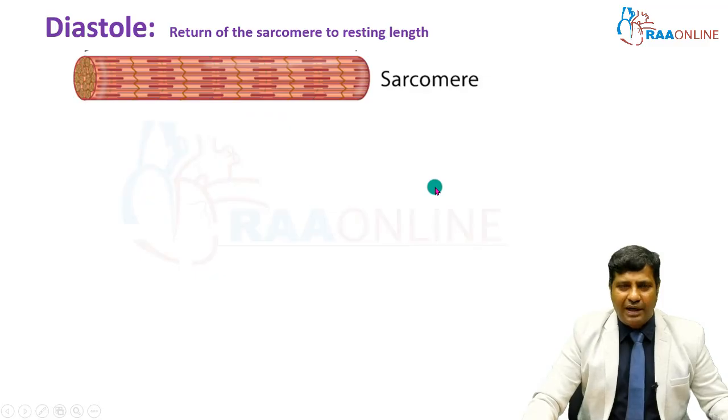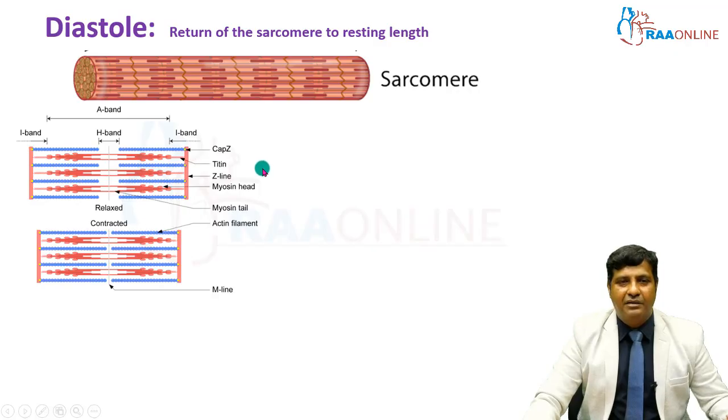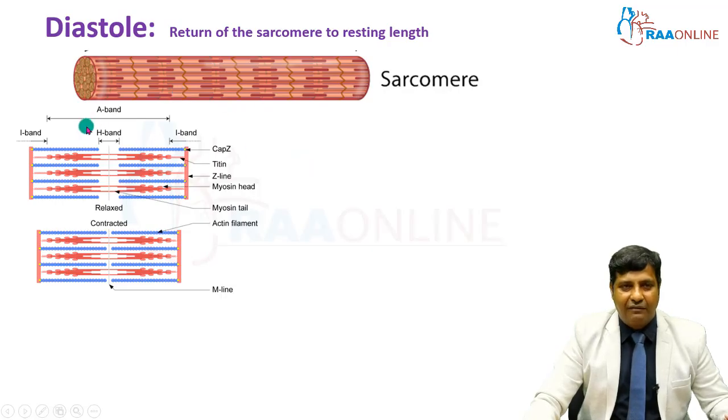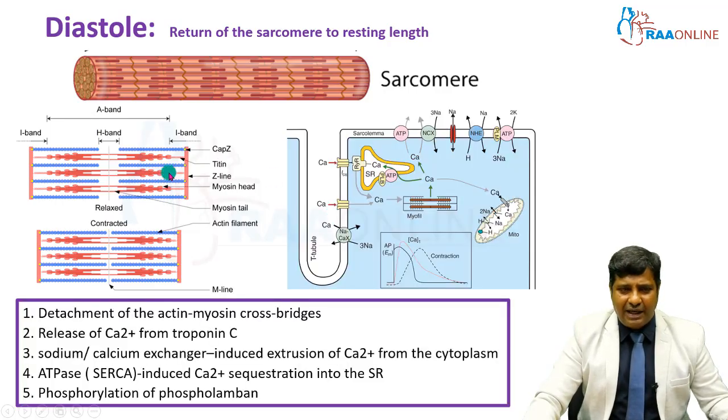So what happens at the molecular level? We know diastole is basically nothing but the return of the sarcomere to its resting length. Contraction happens whenever the actin-myosin cross bridges contract, and relaxation, or diastole, happens whenever these cross bridges get released. For this relaxation to happen, the intracellular calcium level has to come down.